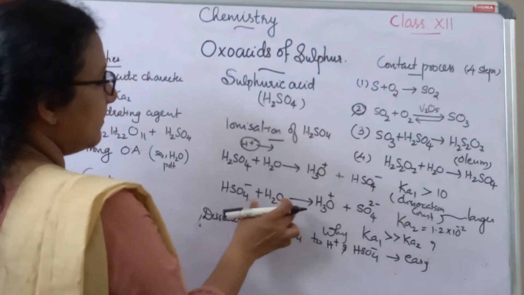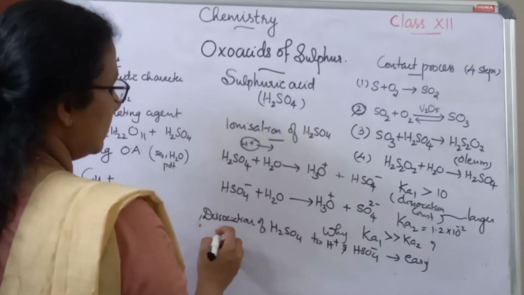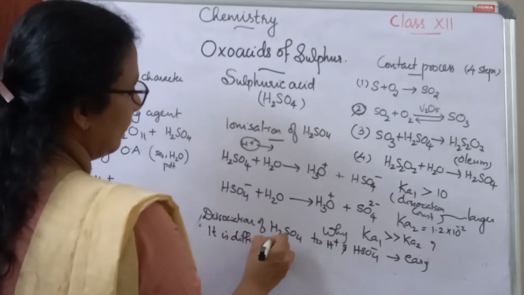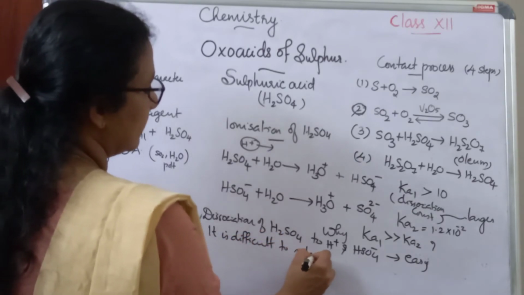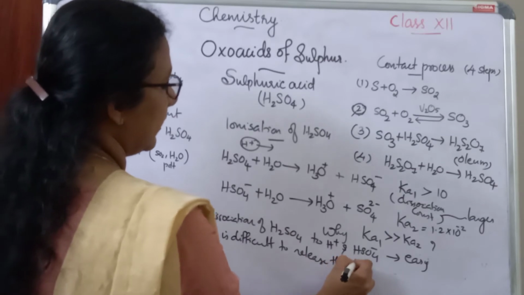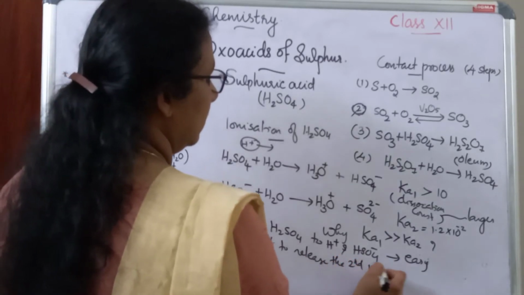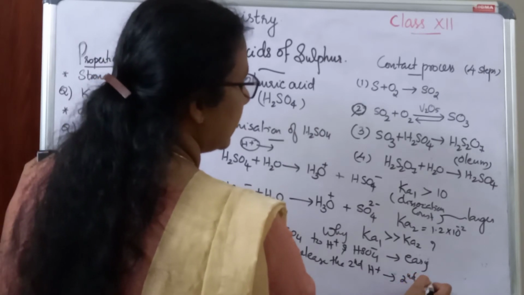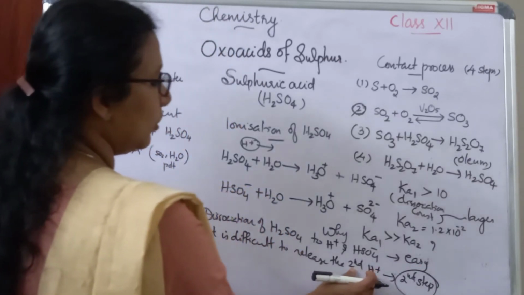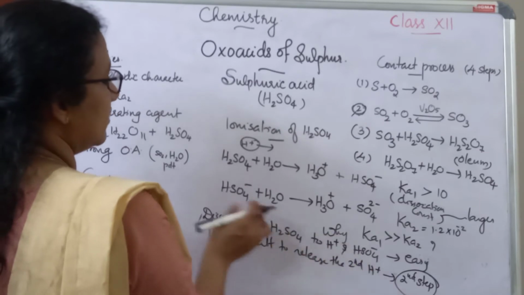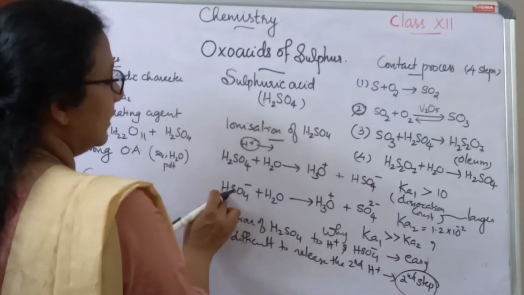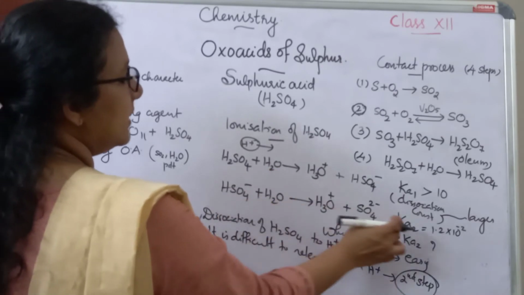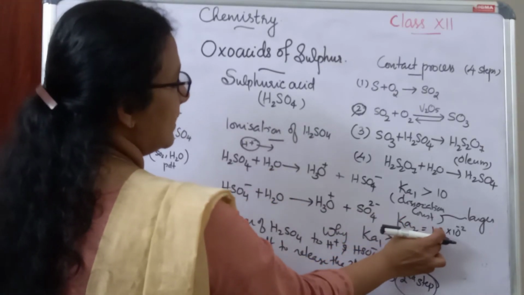In the second step, it is difficult to release the second proton, that is, the release of H plus from HSO4 minus is very difficult. So the dissociation constant is less.